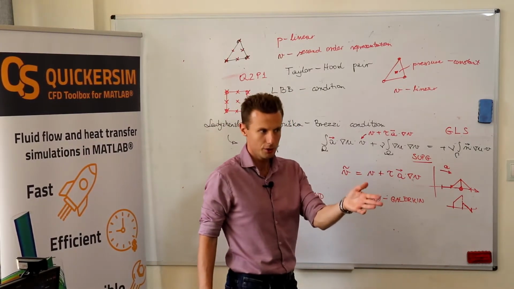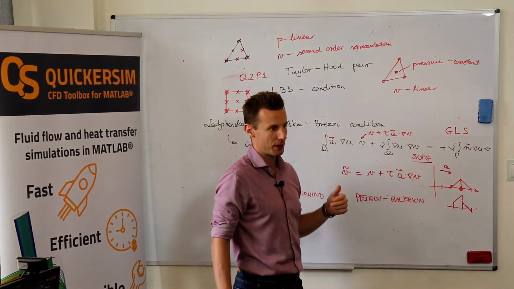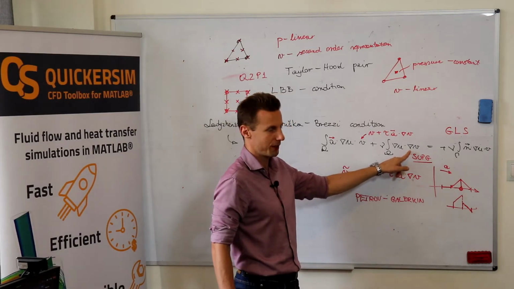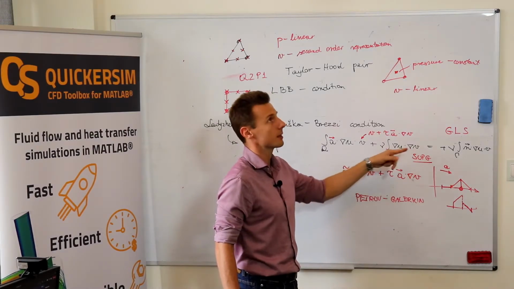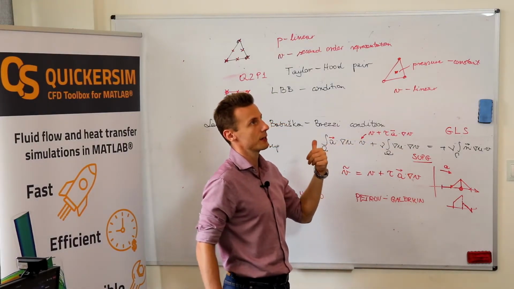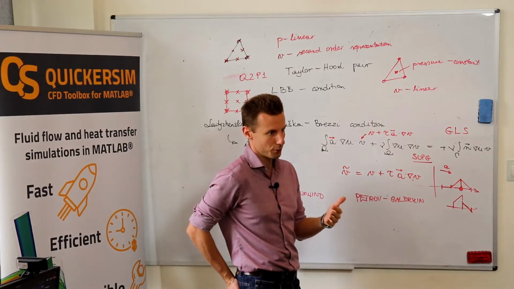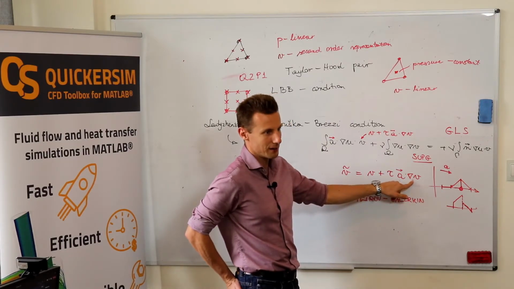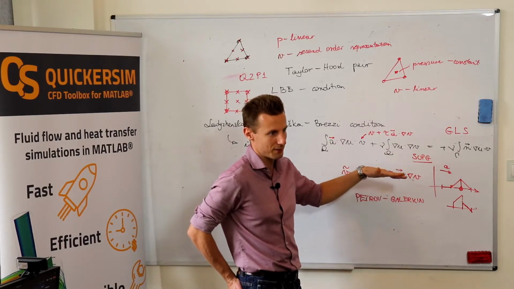Now, you had a pretty good guess. If you work with linear finite elements, then here you've got the gradient of V. Your V is already linear in your linear finite elements, so if you calculate the gradient, it's a constant value.